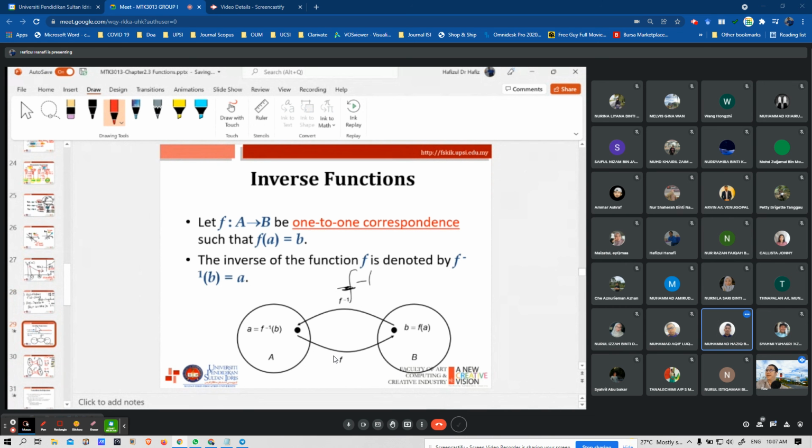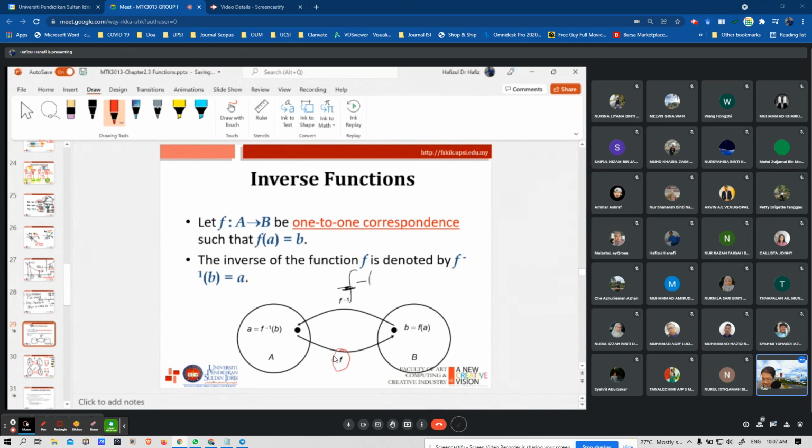Okay, and then we have inverse function. Inverse should be one-to-one correspondence, such that f(a) equal to b. And then the inverse function is denoted by f^-1(b) equal to a. Inverse means that we reverse the function. We have f is a function, and then we have inverse function.